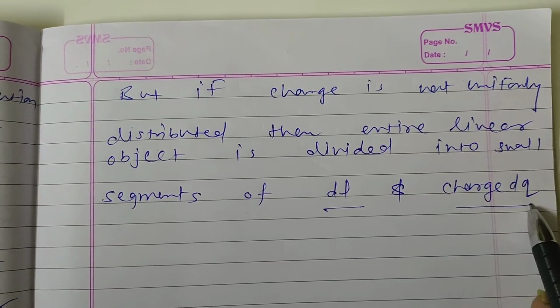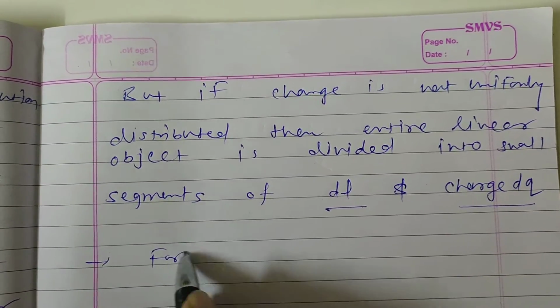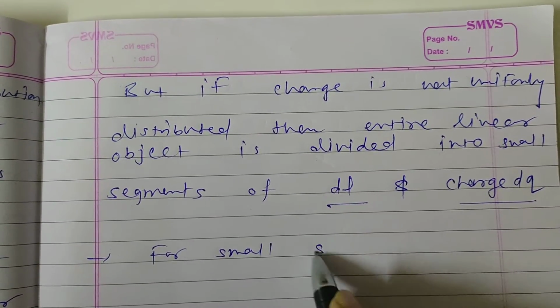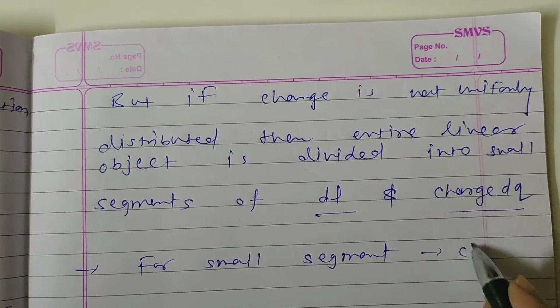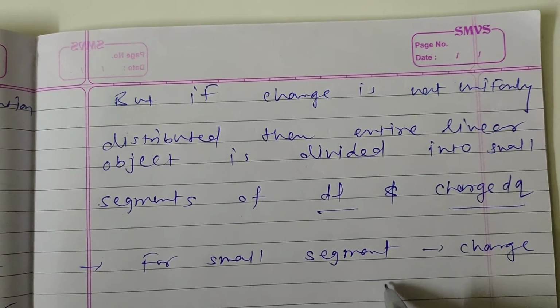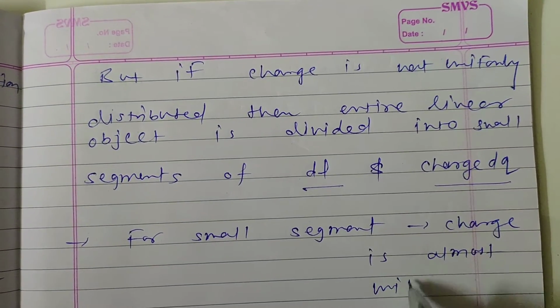Length dl and charge dq. For a small segment, charge is almost uniform because it is very small.